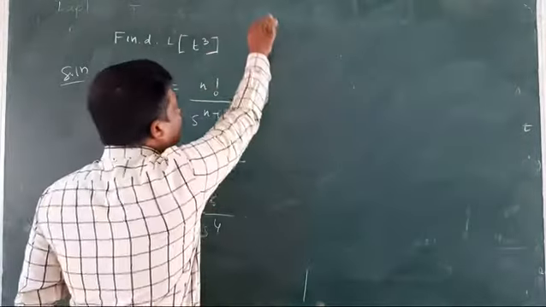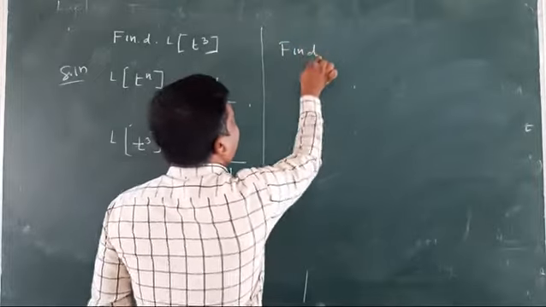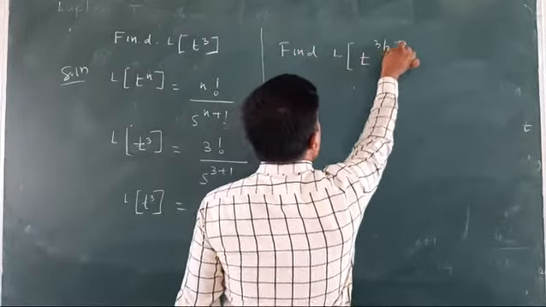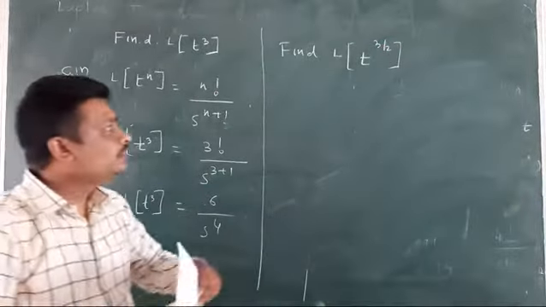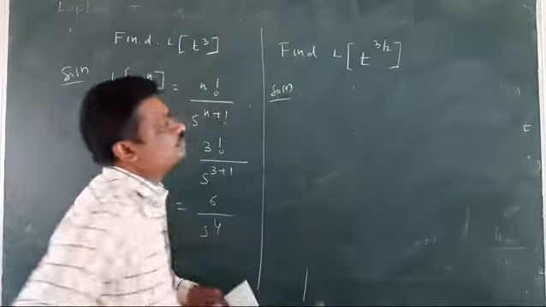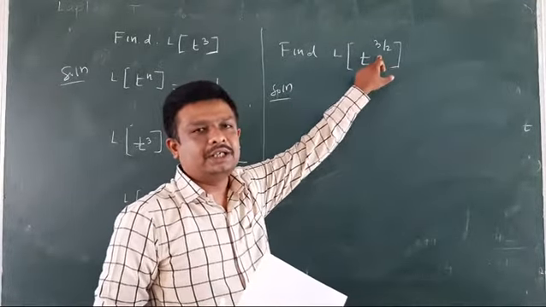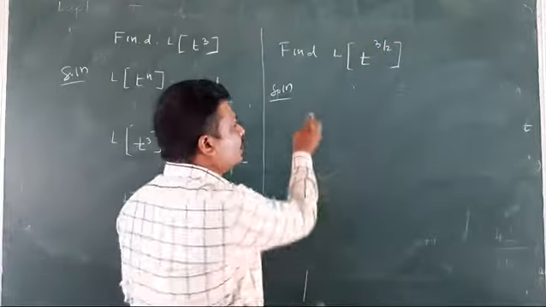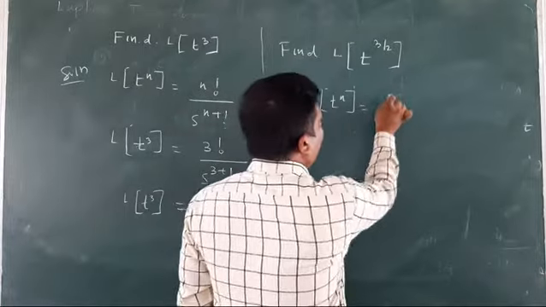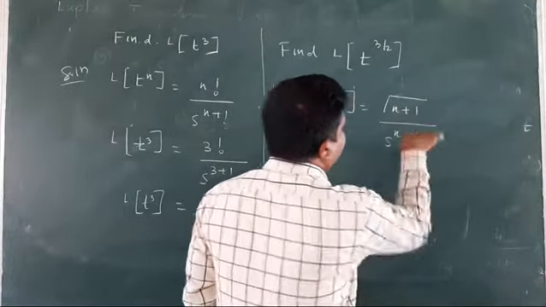Similarly, I will take one more example here. Find Laplace transform of t raised to 3 by 2. Solution. So we can observe here, the power of t is not an integer, it is a rational number. So for that, I am going to apply the formula gamma of n plus 1 upon s to the power n plus 1.